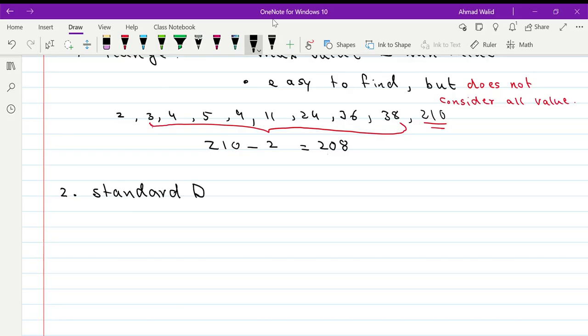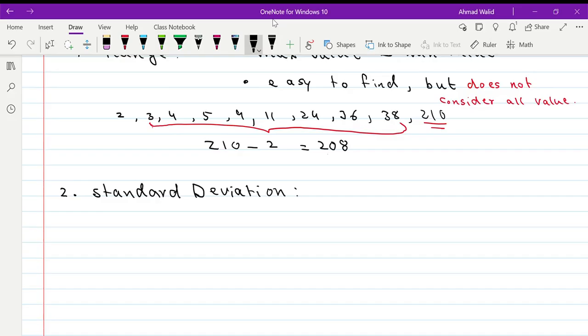Standard deviation. It's another way to calculate the variation, correct? What does it mean, a standard deviation?